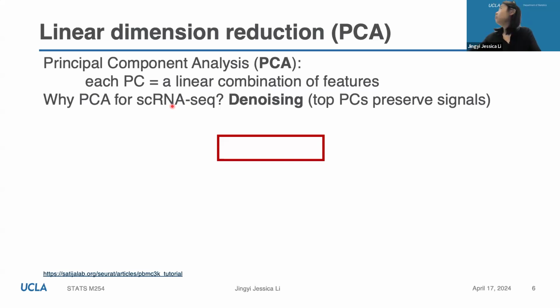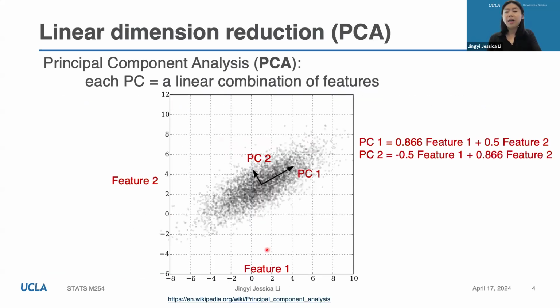So for PCA, why do we want to do it? Again, I think we want to work in a smaller dimension. And we know that many genes are highly correlated. So let's look at this. One way to think about it is that, seeing that the two original features are highly correlated, if you believe the signal is just their common thing, then you might think, okay, I only need to keep PC1 and I reduce my number of dimensions from 2 to 1.